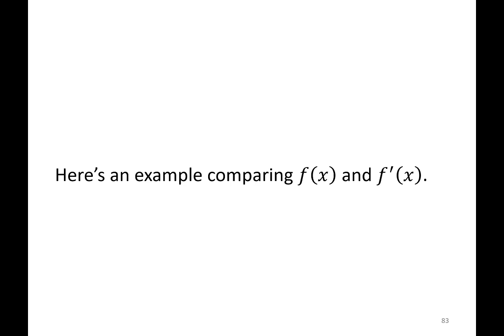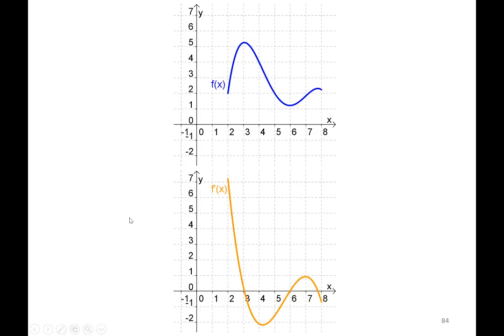Let's try comparing a more arbitrary function and one that's smoother, so it doesn't suddenly change direction like we did in the previous example. So here's a function, f of x. You can see it's not jaggedy, it has all these smooth curves, so it could be like a polynomial. And down below it, we have f prime of x.